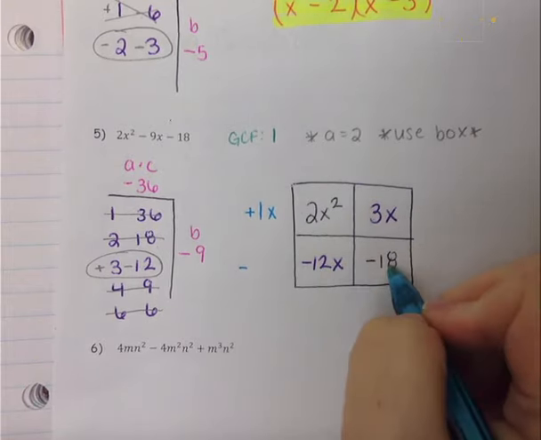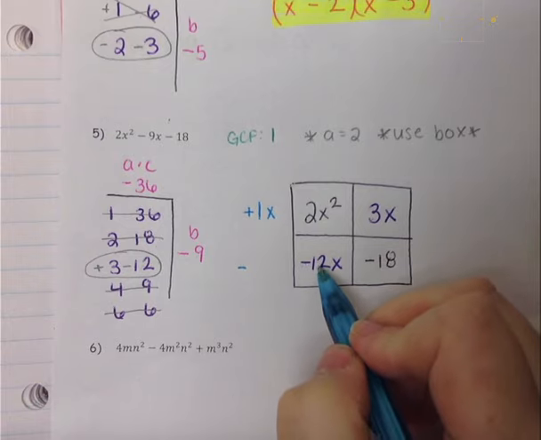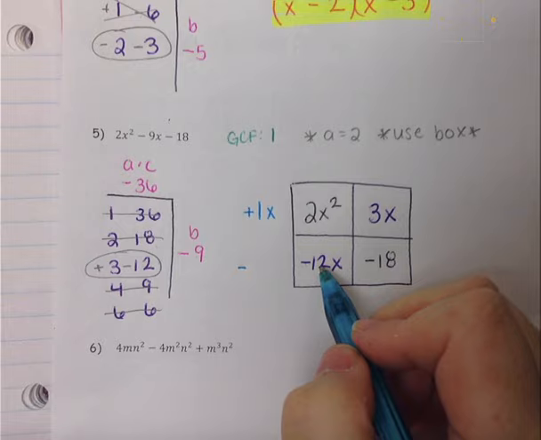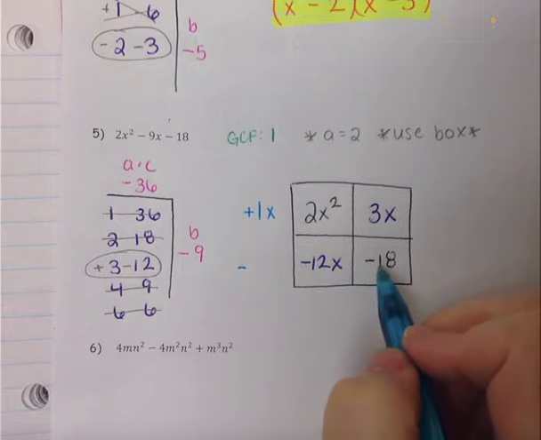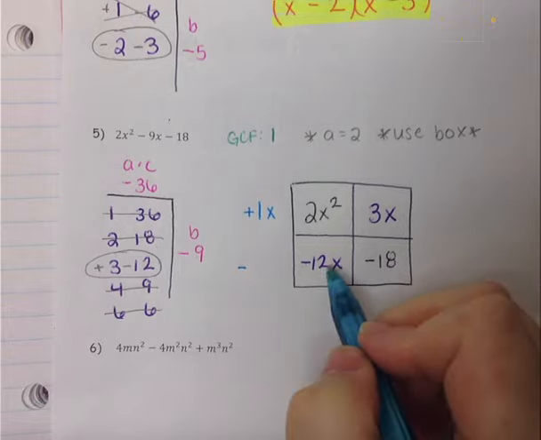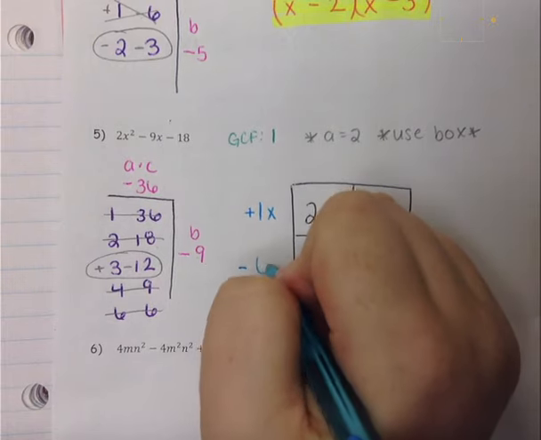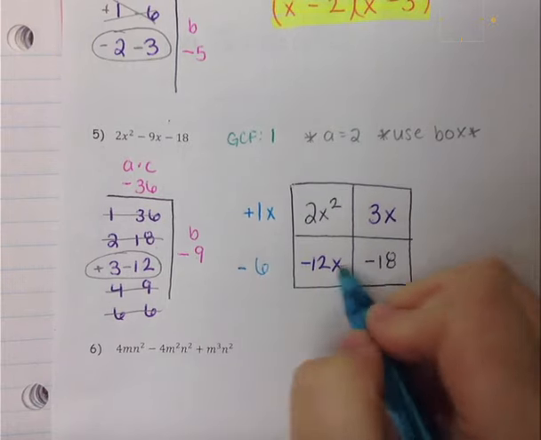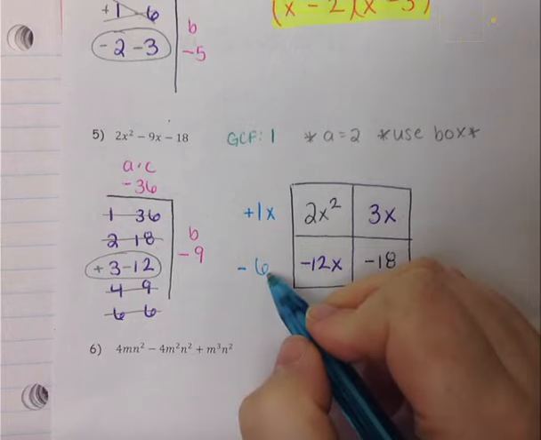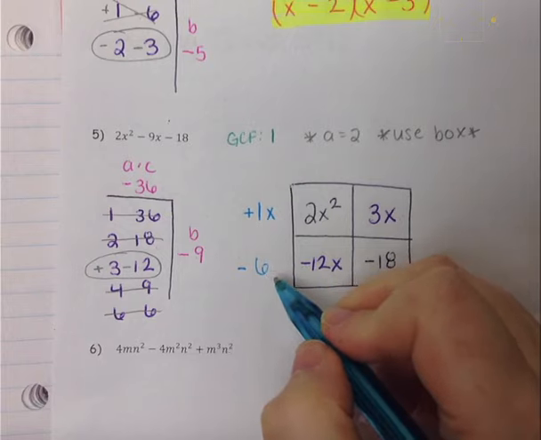GCF between 12 and 18. So my smaller number is 12. 18 cannot be divided by 12. But then I know that 12 is 1 and 12, 2 and 6, 3 and 4. So my next largest number would be that 6. So 18 can also be divided by 6. So far our GCF has a 6 in it. They do not both have an x, so my GCF is just a negative 6.